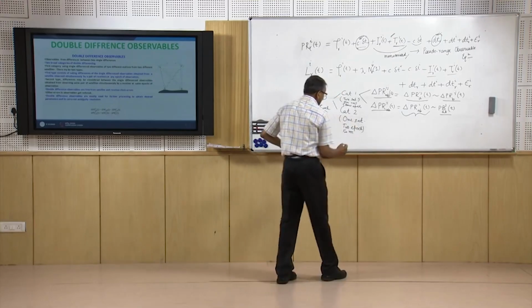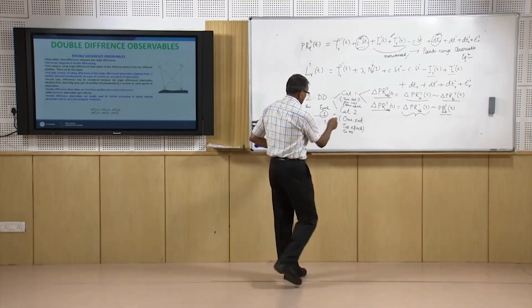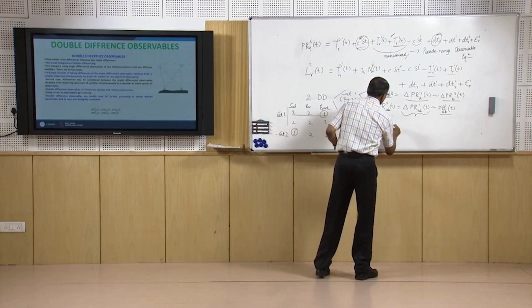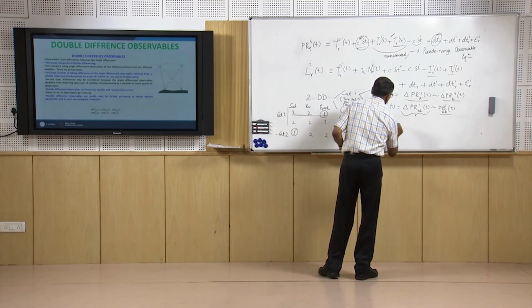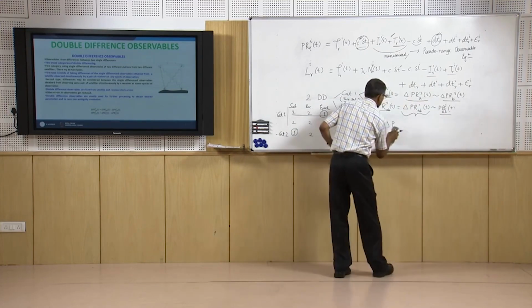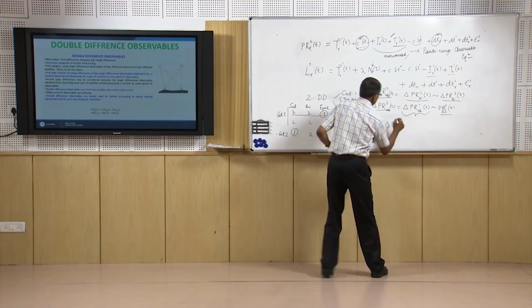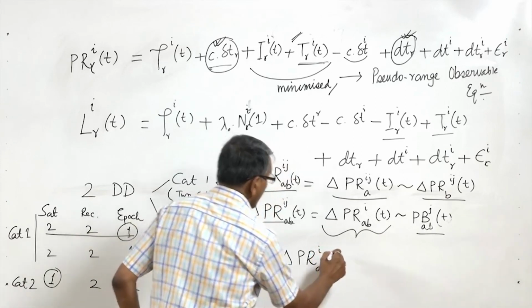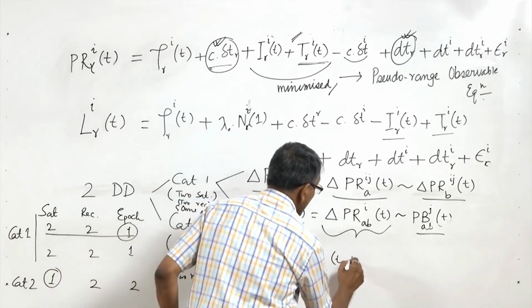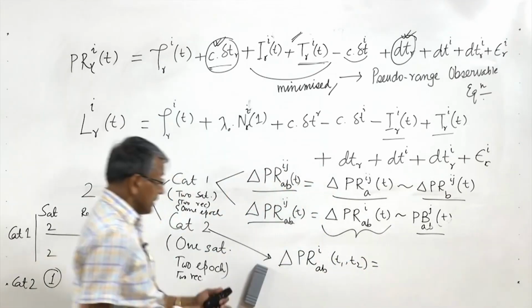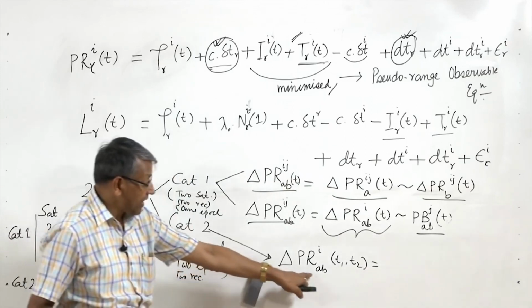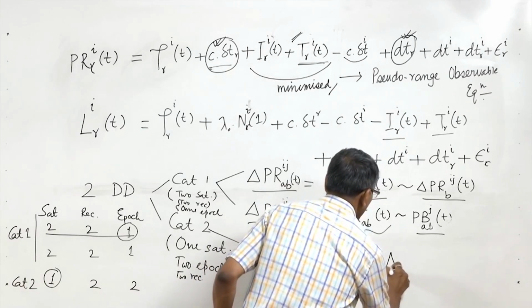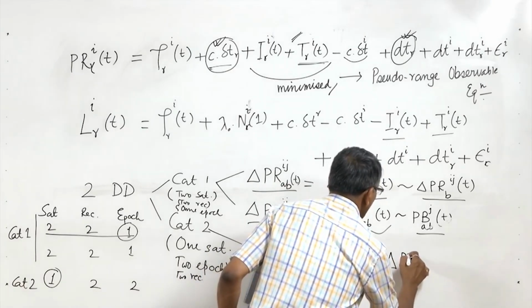And the third variety, which we call category 2, is the pseudo range where we are taking the difference of single difference observables.